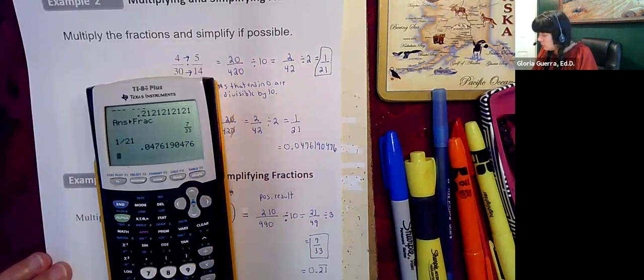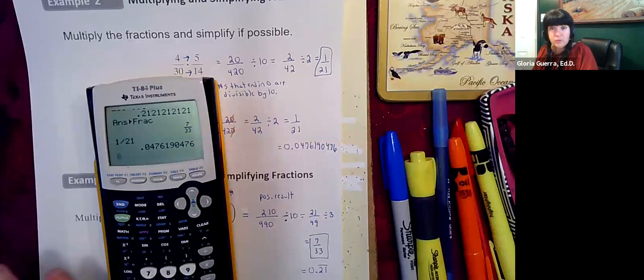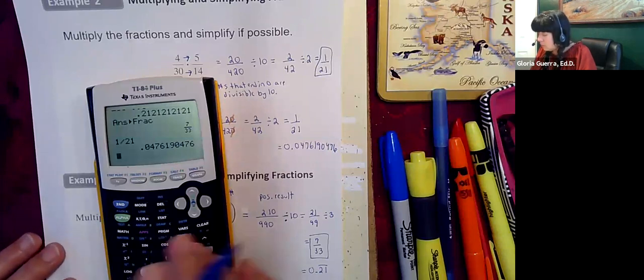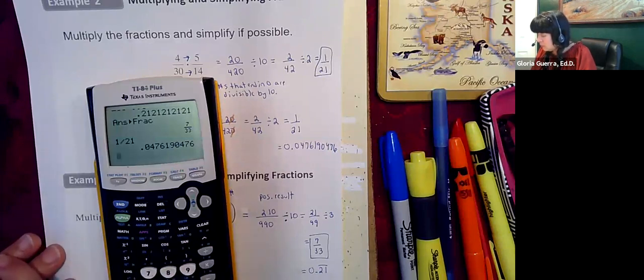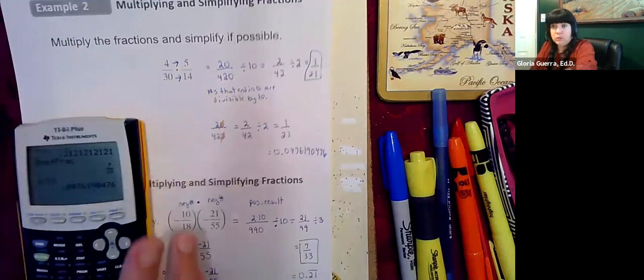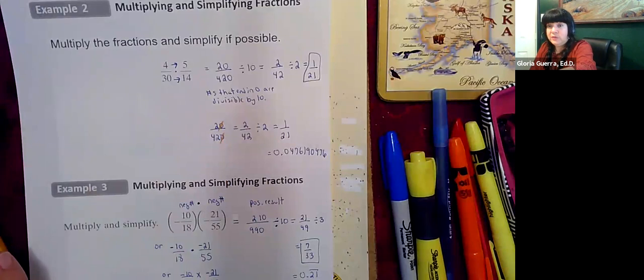But if they do, make sure you're up to par with your calculator, your steps and everything, reducing them, things like that, your calculator commands. All right, let's do the division.